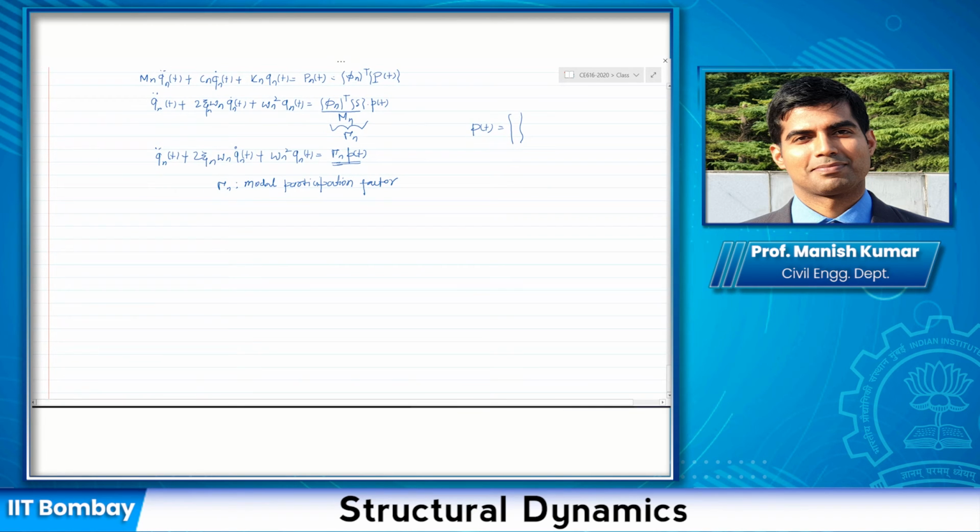So using the modal participation factor, we have now written down our equation of motion in this form, which is basically the equation of motion of a single degree of freedom system subject to excitation p(t) multiplied with gamma n to account for the distribution of the force in its nth mode. Clear up to this point?